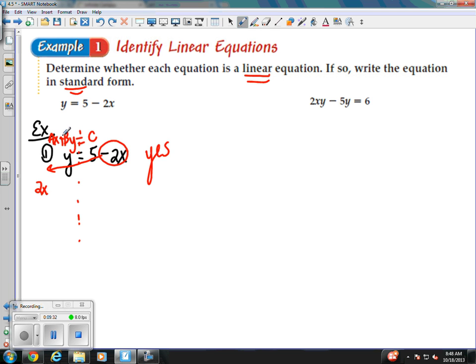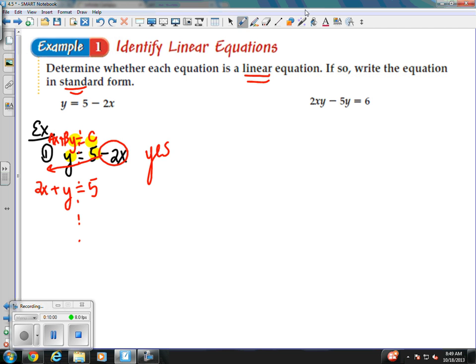I drop down my y because it's already where it wants to be beside the equal sign. So plus, because it's positive, y equals, and the only thing left over here is my 5. And if you remember, C is just a number, so 5 is just a number, so we just drop it down.